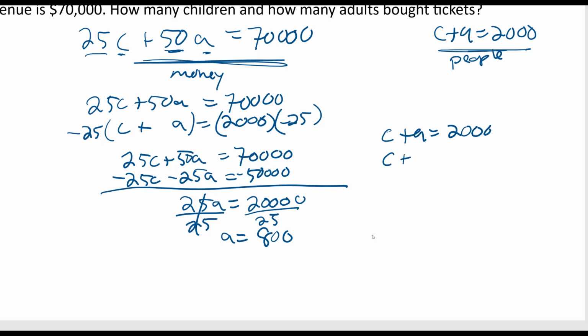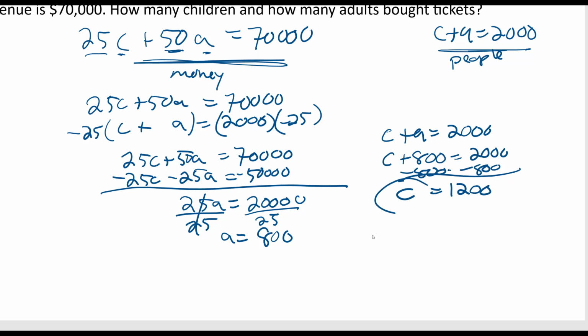So C plus 800 is 2,000. Subtracting 800, C would equal 1,200 children. So we have 800 adults and 1,200 children.